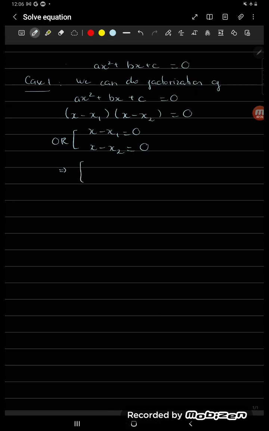So we have an answer: x equals x1 or x equals x2. So for case one, factorization is easy.